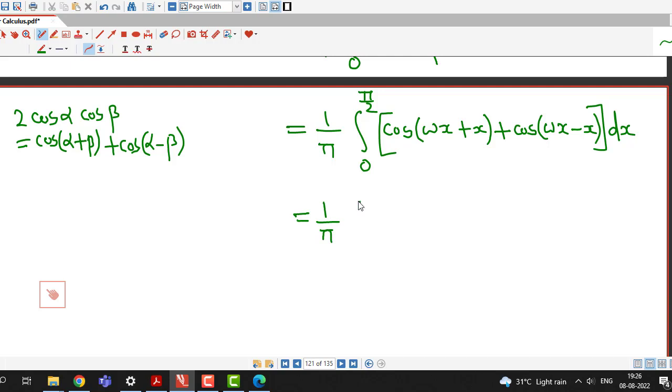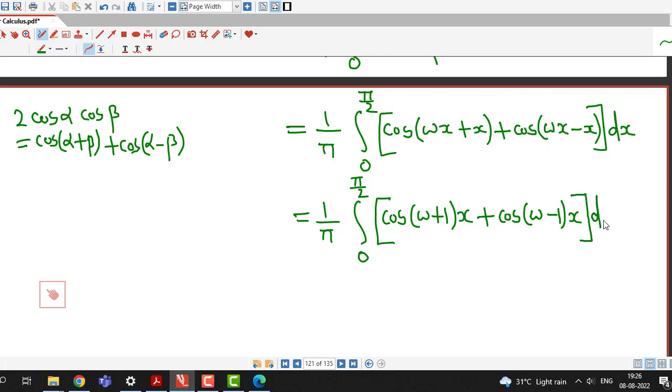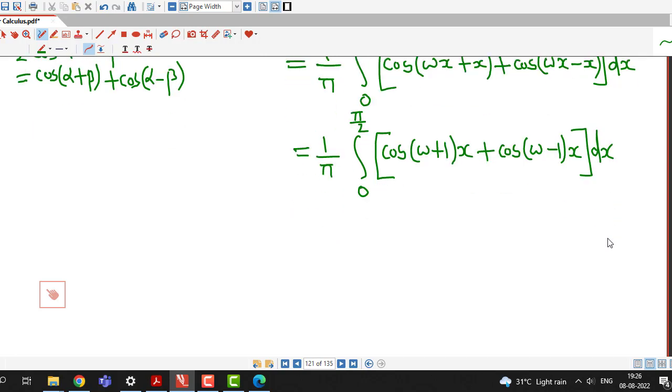This again we can rewrite as 1 over pi integral from 0 to pi by 2. I take x common here and I have cos((omega plus 1)x). Similarly here also I can take x common. I have cos((omega minus 1)x), integral with respect to x.